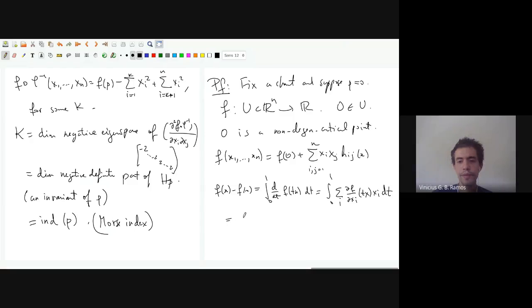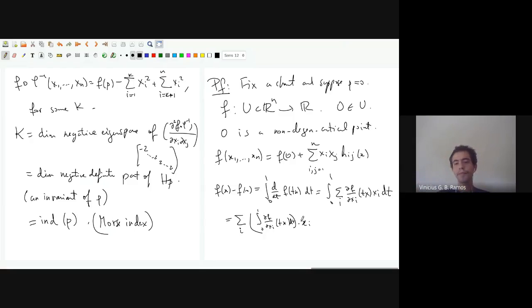So this is the sum over i of the integral from 0 to 1 of df/dxi of tx times xi dt, times xi.